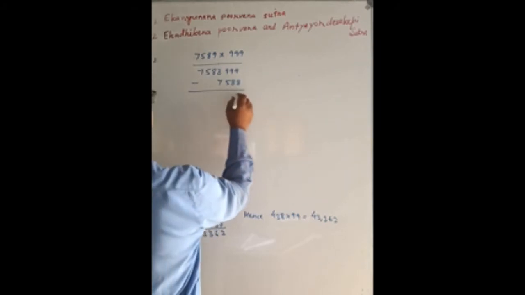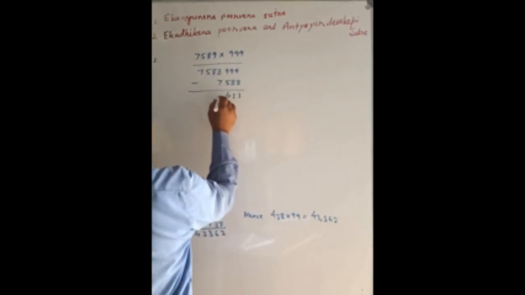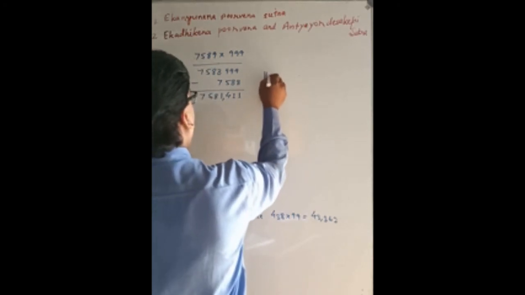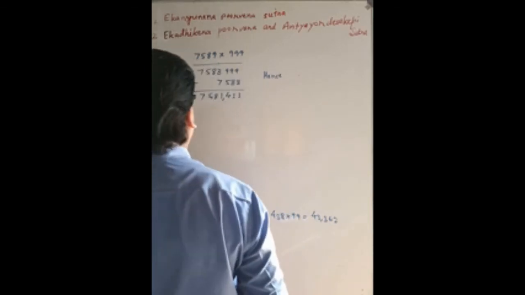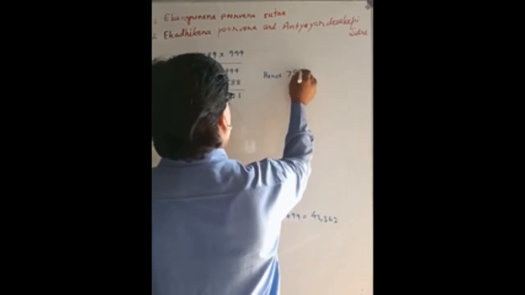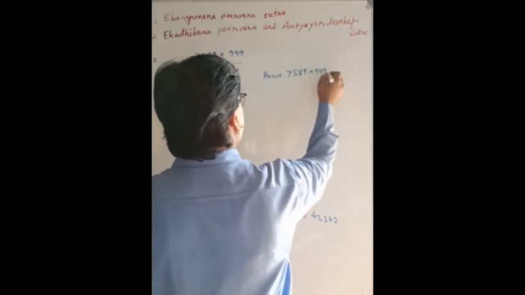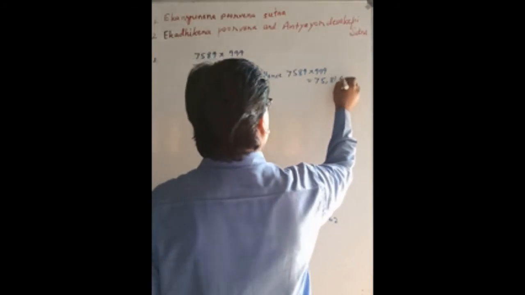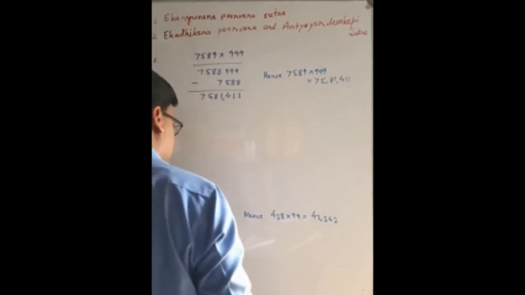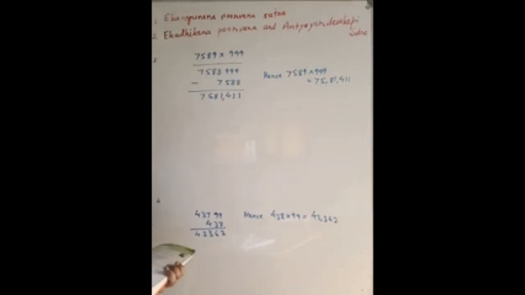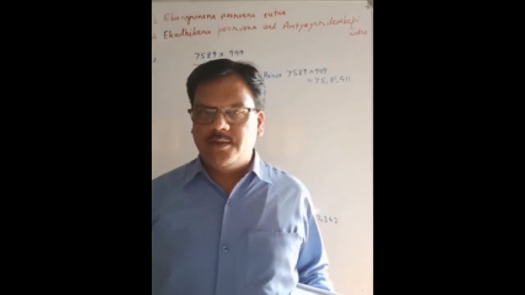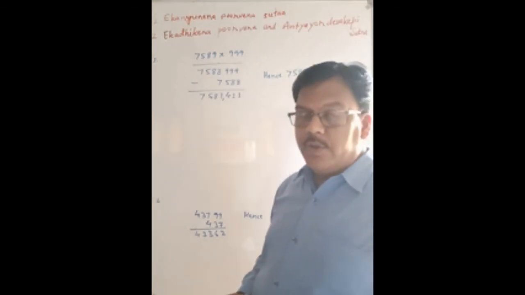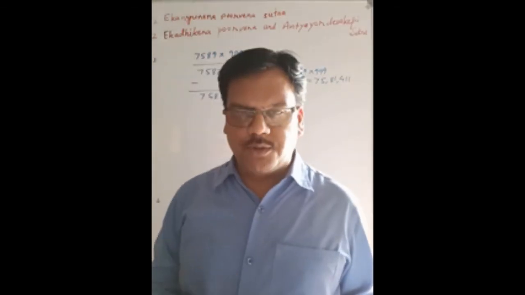We get 7,581,411. Hence 7,589 multiplied by 999 is equal to 7,581,411. I hope students you understand the Eka Nyunena Purvena Sutra.